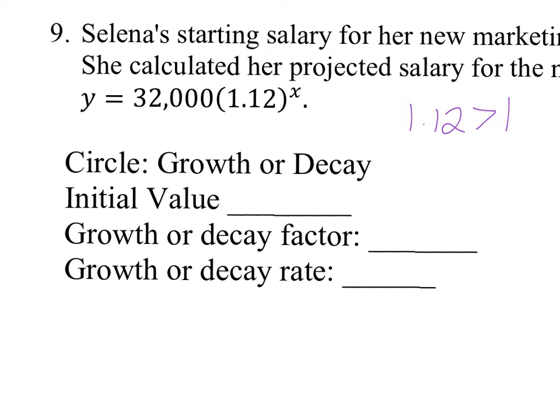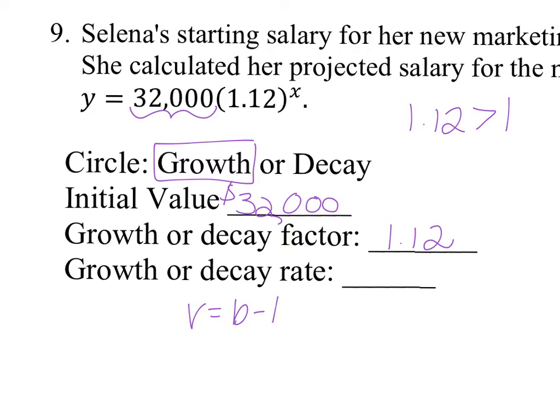It is not between 0 and 1, so it is going to be growth. Her initial value is what she made her first year in the marketing job, 32,000. We can also tell because it's the starting number. Her growth factor is just what B equals, which is 1.12. And her rate is going to be B minus 1. Well, 1.12 minus 1 equals 0.12.